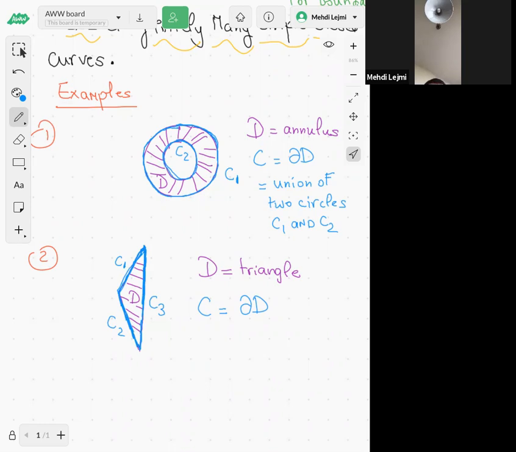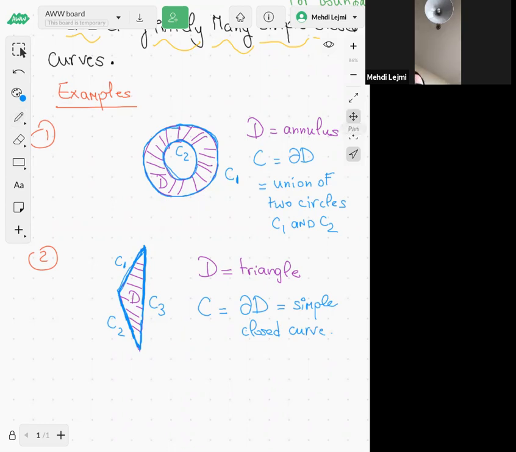The union of C1, C2 and C3 is a simple closed curve.